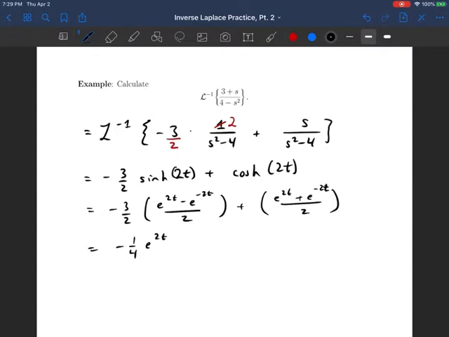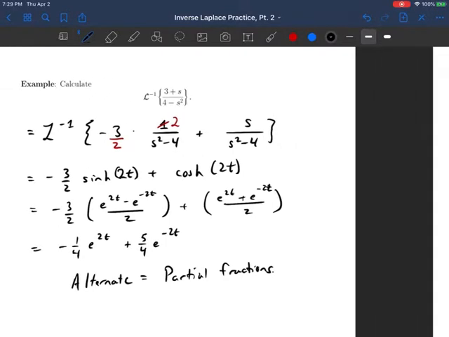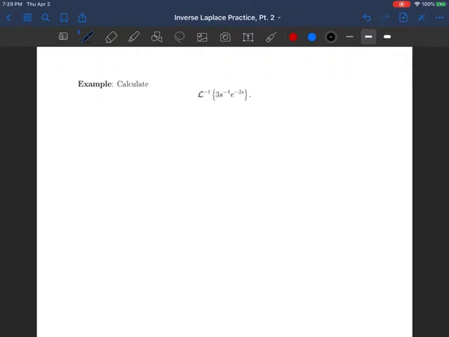And let's see, minus 3/4 plus 1/2 gives minus 1/4 e to the 2t, and 3/4 plus 1/2, so it looks like plus 5/4 e to the minus 2t. And again, an alternate way to get to the same place would be partial fractions. I, of course, always prefer the fast way, if at all possible, as long as we can maintain that accuracy.